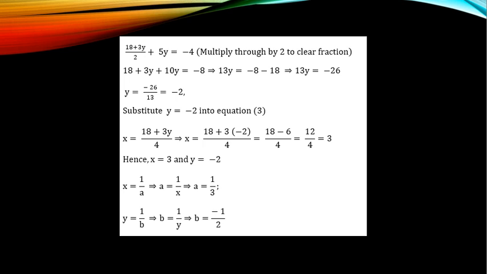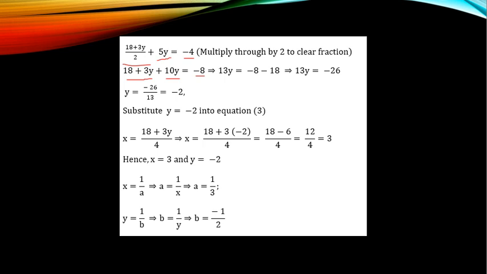After that division, you clear the fractions by multiplying through by 2. You multiply this term by 2, you are left with 18 plus 3y. Multiply 5y by 2, you have 10y. Multiply minus 4 by 2, you have minus 8.